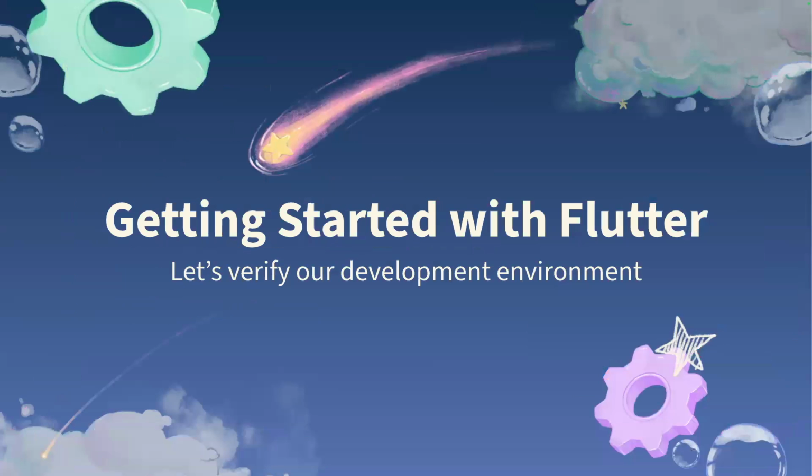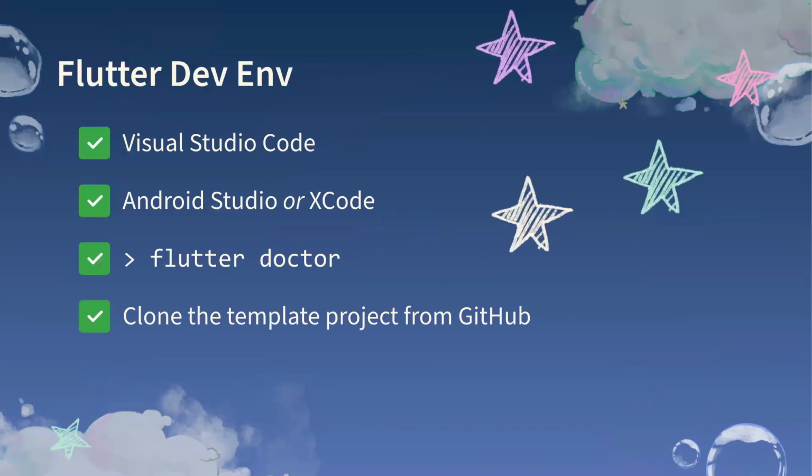All right. Now we're going to get started with Flutter. So we're going to first look at our development environment. In the hack pack, there are a few checks that we want to make sure we can do before actually running our template project from GitHub. We want to make sure Visual Studio Code is installed.